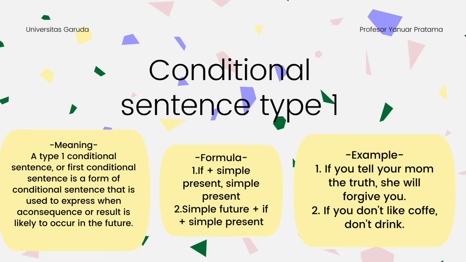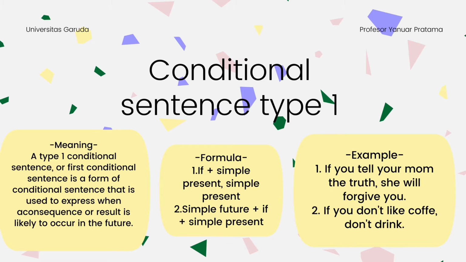And the next is conditional sentence type 1. Conditional sentence type 1 is a form of conditional sentence that is used to express when a consequence or result is likely to occur in the future. This can happen because it is still realistic or reasonable for the possibility of that assumption to occur.